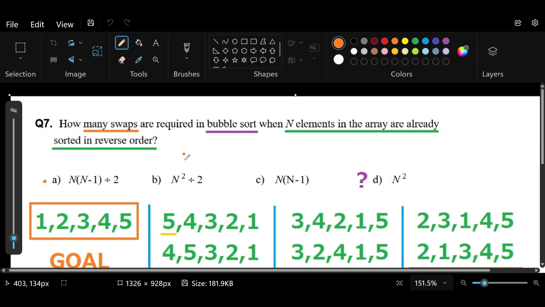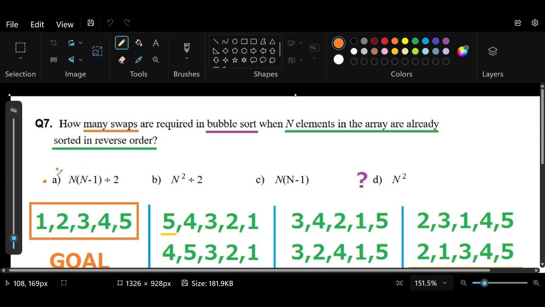Okay, this question may seem fairly easy at first, but if you don't check your answer, you'll end up choosing the incorrect letter.